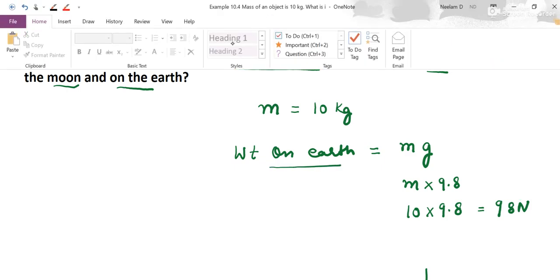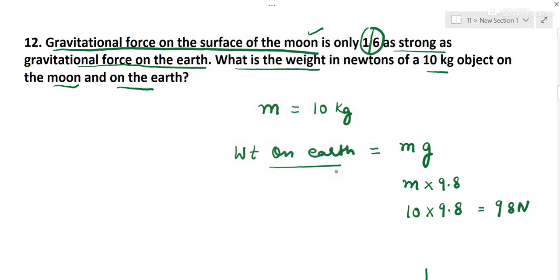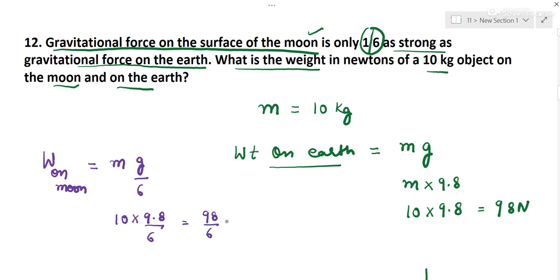Now in order to find weight on Moon, you just take acceleration as, look here, weight on Moon, m would be m, g would be g by 6. So this is 10 into 9.8 by 6, that is 98 by 6 Newton. If you wish, you can report in decimals. Getting to next.